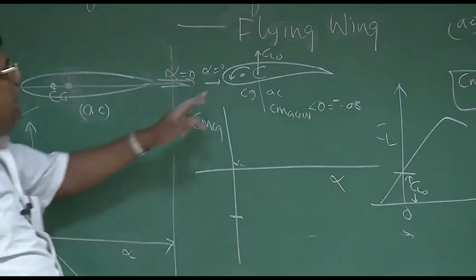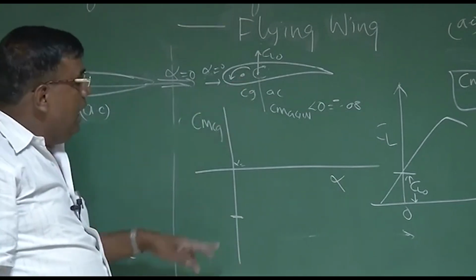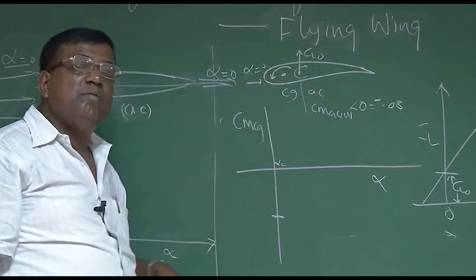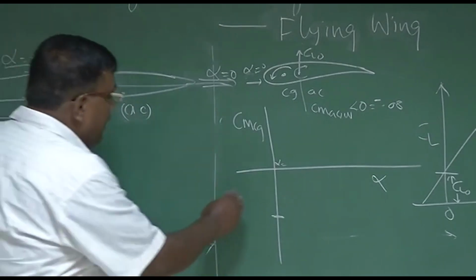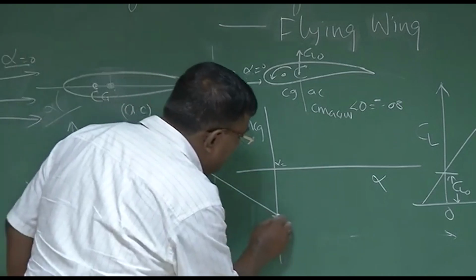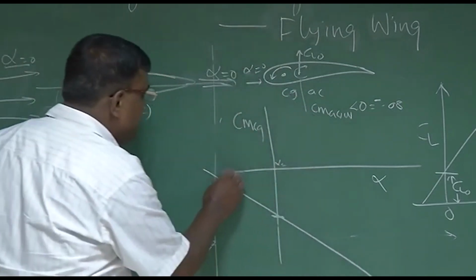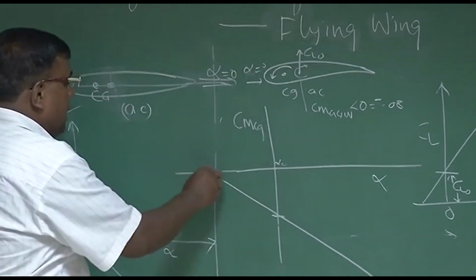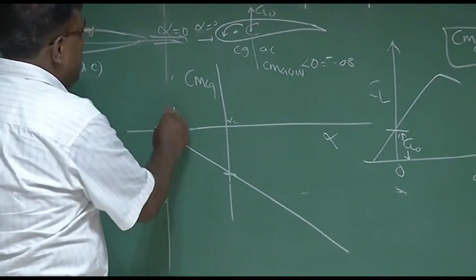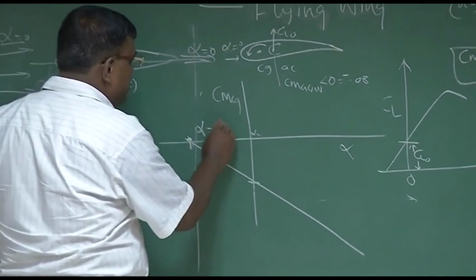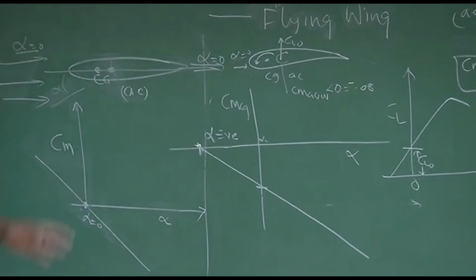However, since AC is behind CG, it will have a CM versus alpha slope negative. So if I draw it like this, it will look like this. And the condition where CM equal to 0 will happen at alpha negative, left hand side.